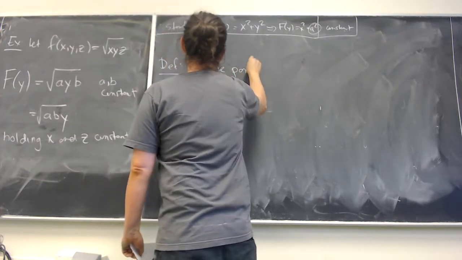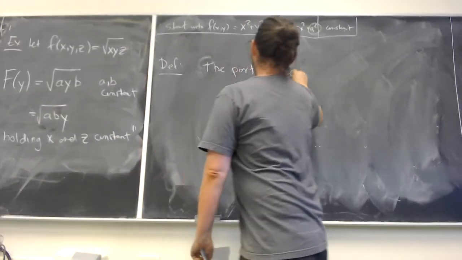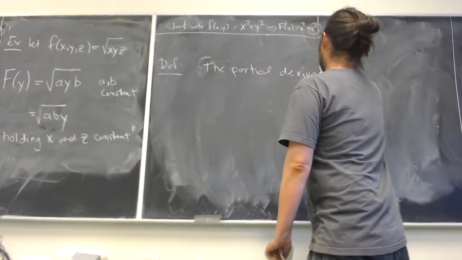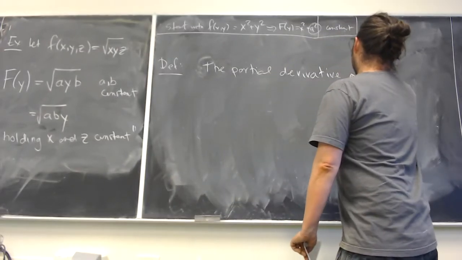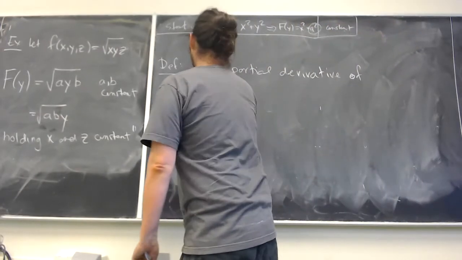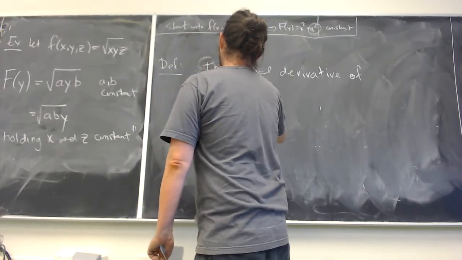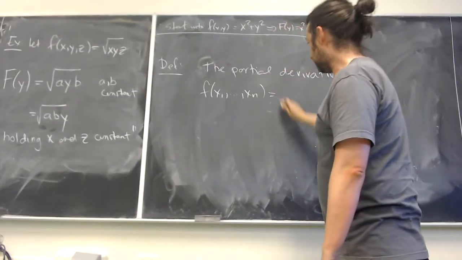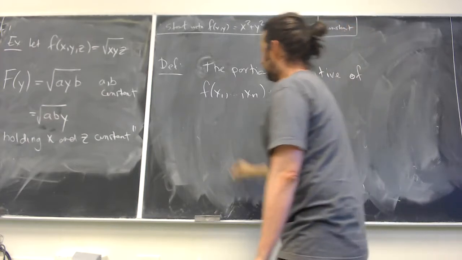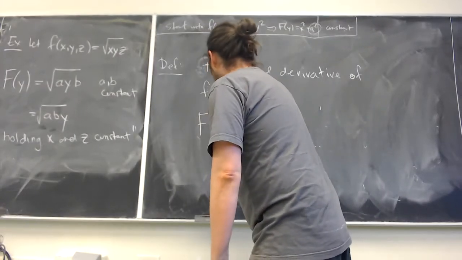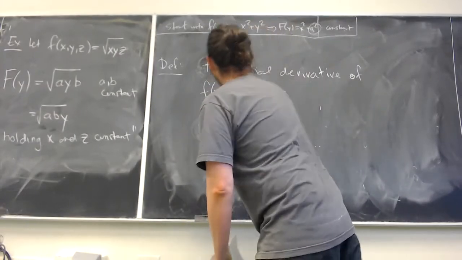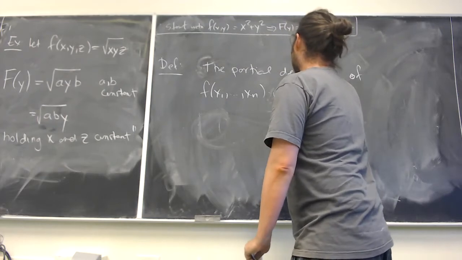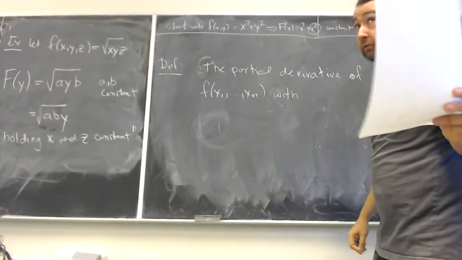The partial derivative of f of x1 up to xn is, I should say, let's be more careful, I have to tell you what I'm taking the partial derivative with respect to, which variable.